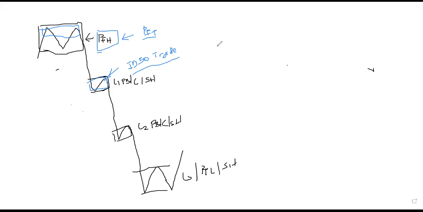It is the first pullback to where? 50 EMA. It is the first pullback to 50 EMA. Now, on 1 hour, it is important that I'm talking about H1 now. Anytime I mark a chart and I didn't specify the time frame, I'm talking about H1.